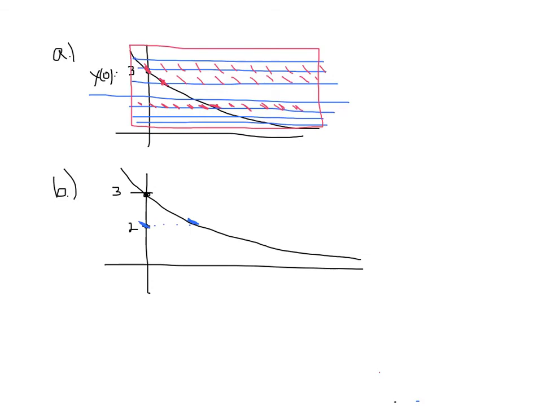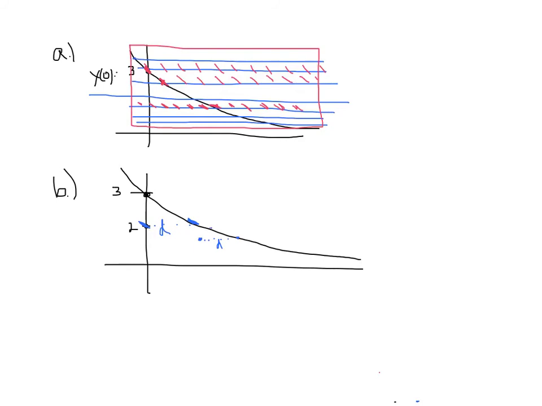I'll call this translation distance d, and that means that each point along the known curve is translated some distance d, and then this will be my point on my solution curve.